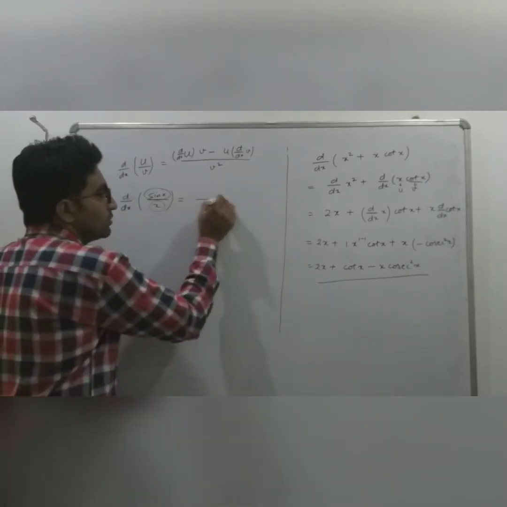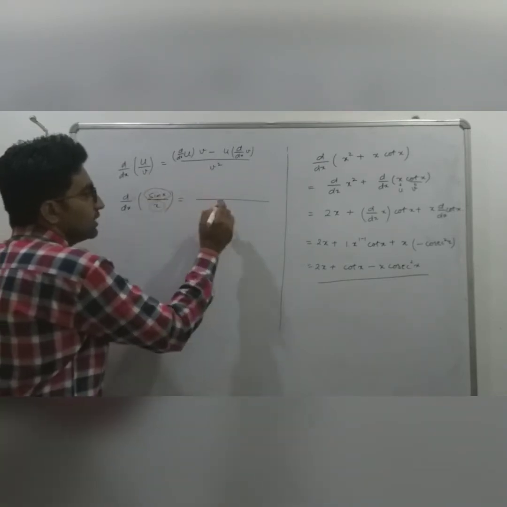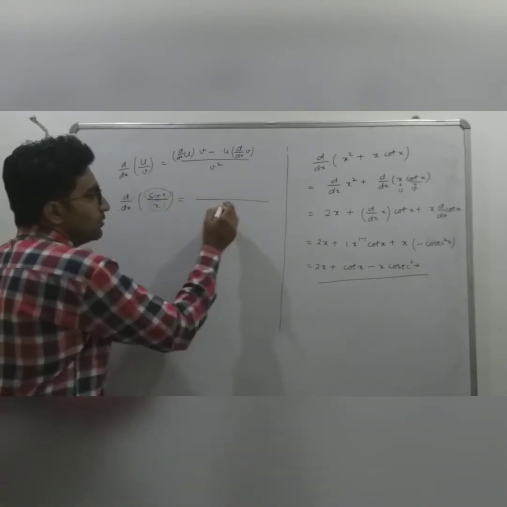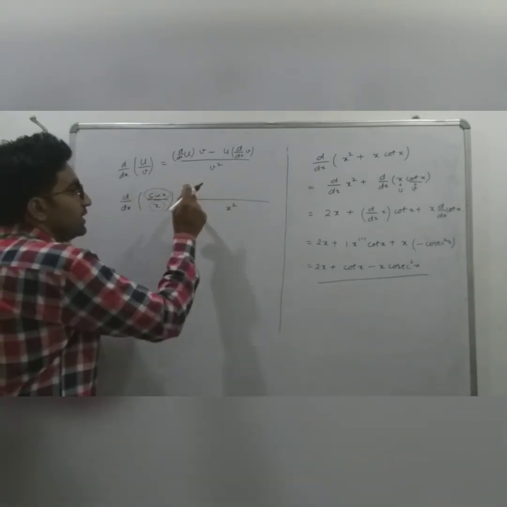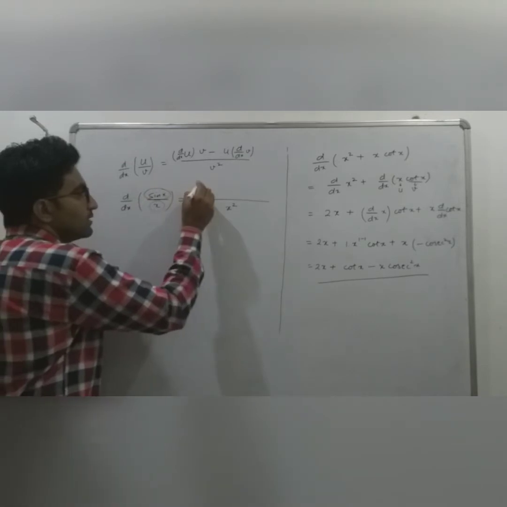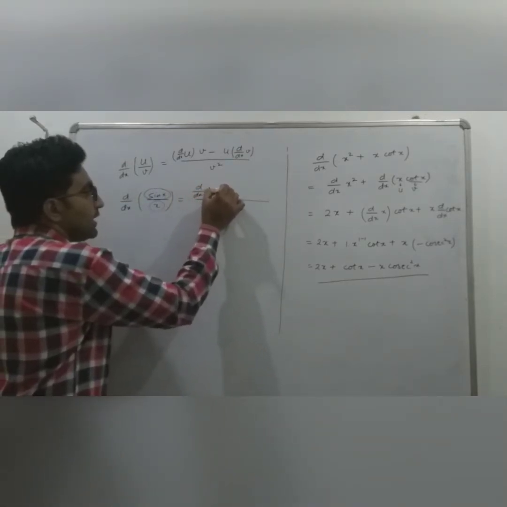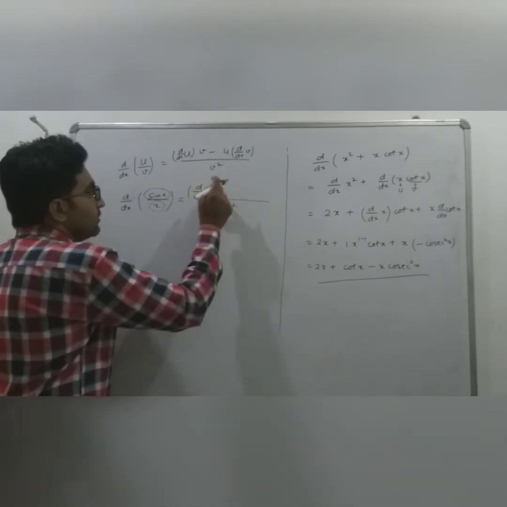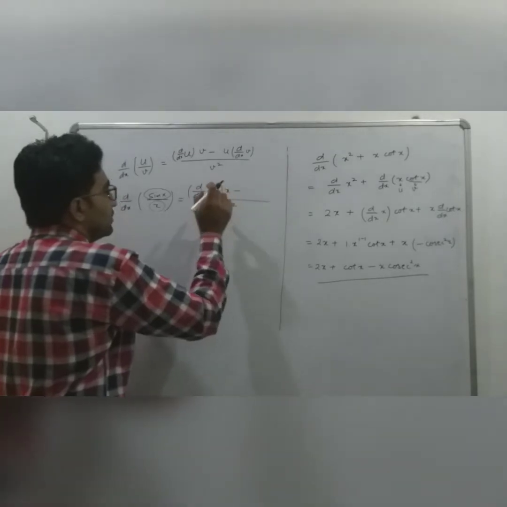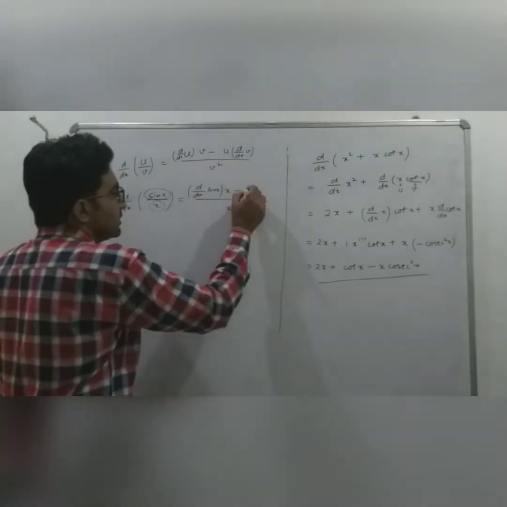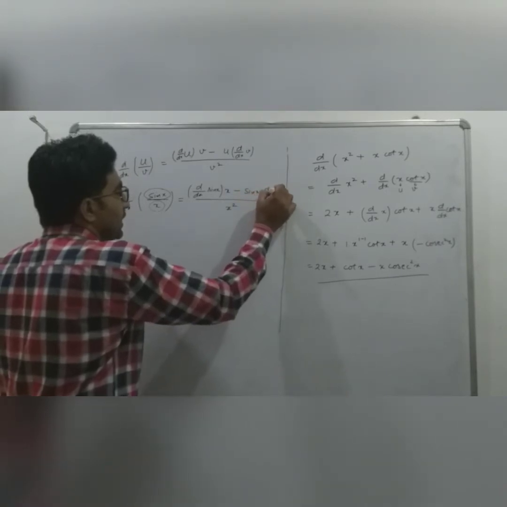So it will be equal to the square of the denominator, v square, which means square of x, and at the upper side we have the differentiation of u, meaning d by dx of sin x, v as it is, x as it is, minus u as it is, meaning sin x as it is, and the differentiation of x.